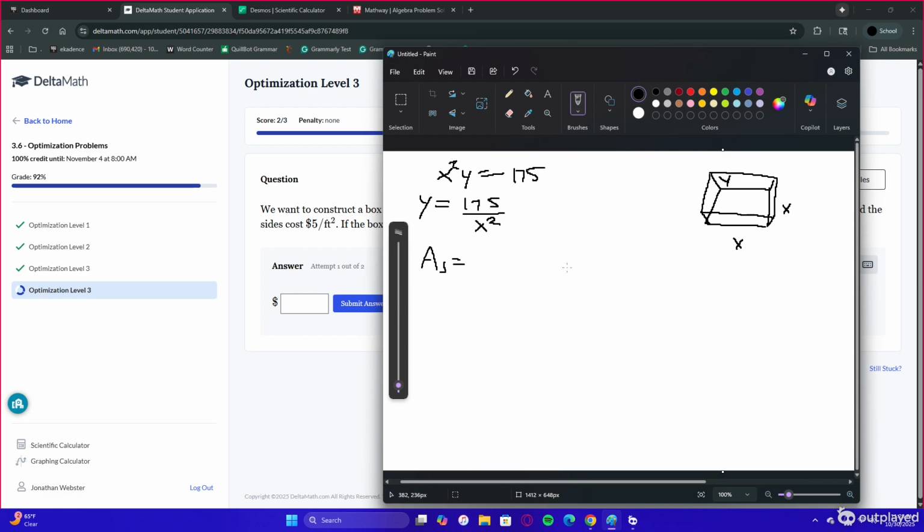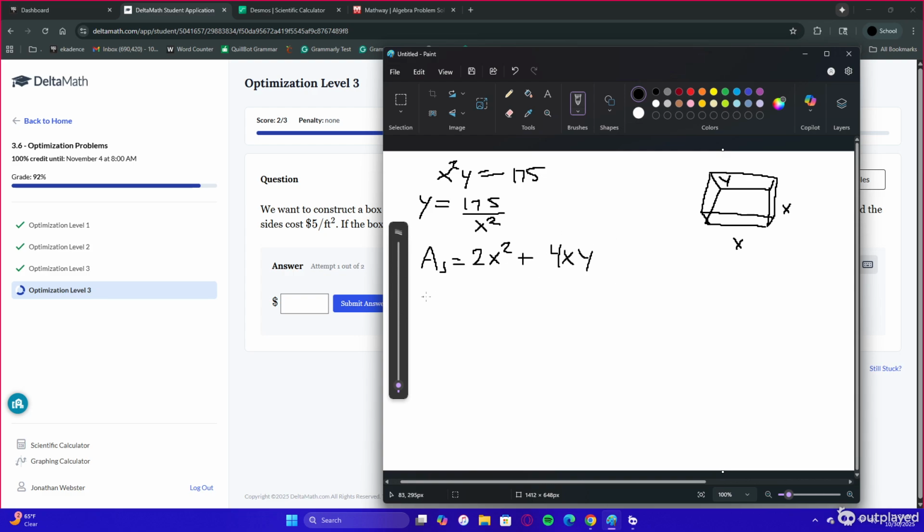So 4xy, and then for the top and bottom, it'd be 2 times x times x, because you have one top and one bottom. So what that looks like is 2x squared for both the top and bottom, plus 4xy for all four sides.